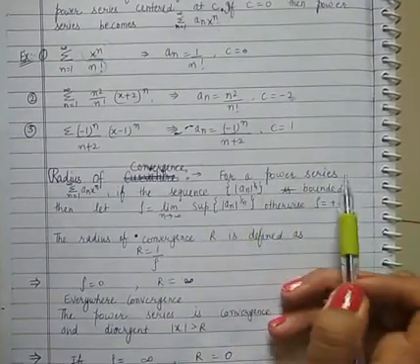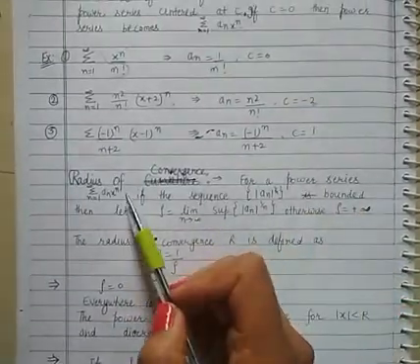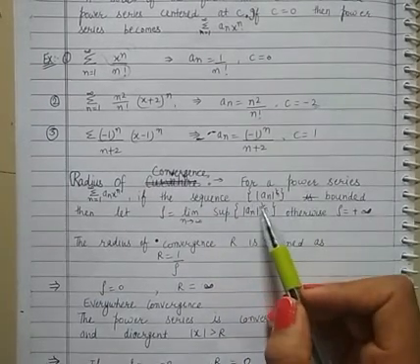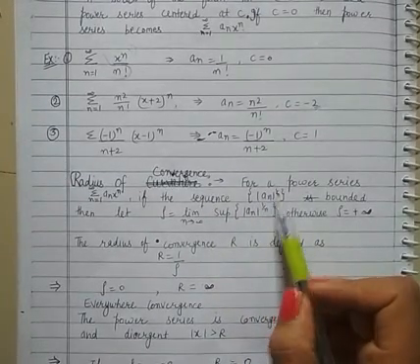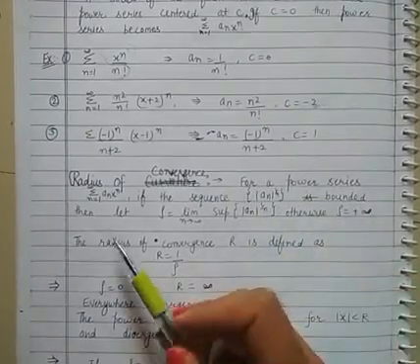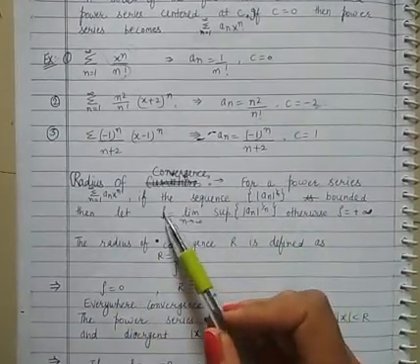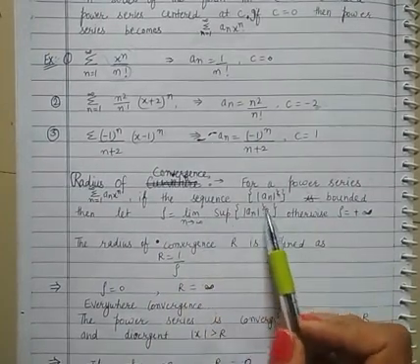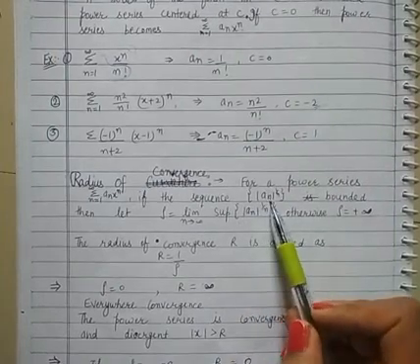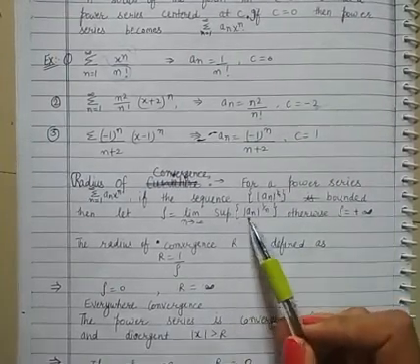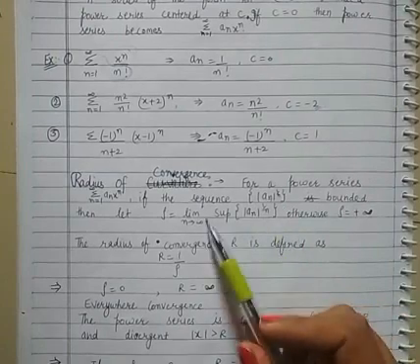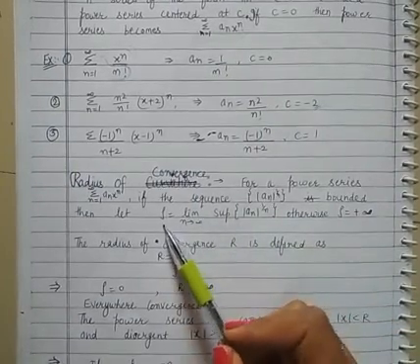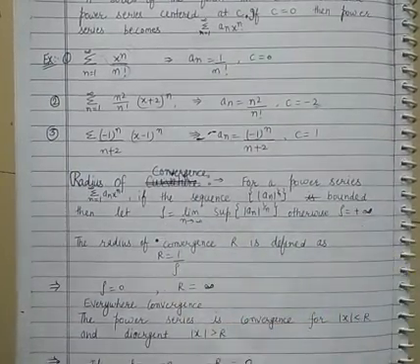For a power series summation a n x power n from 1 to infinity, if the sequence of the coefficients mod a n power 1 by n is bounded, let rho be equal to the limit as n tends to infinity of the supremum of mod a n power 1 by n. That is, you take the supremum of this a n power 1 by n, and then you take the limit as n tends to infinity. Whatever value you get, if it is finite, we call it rho, otherwise it is infinite.